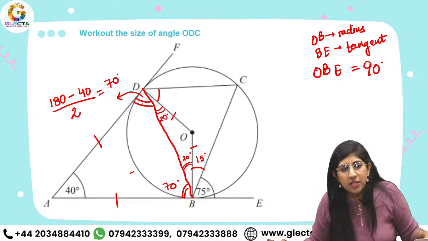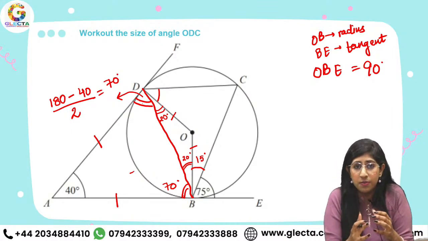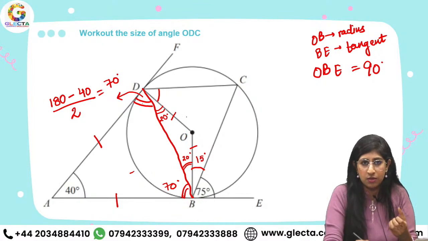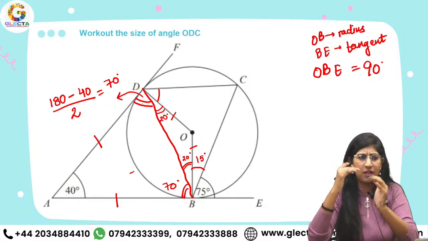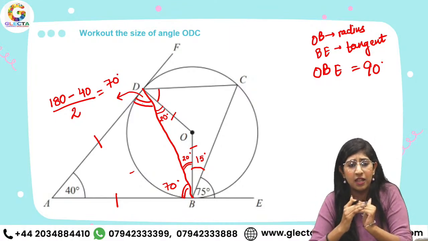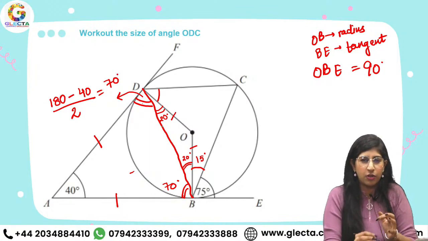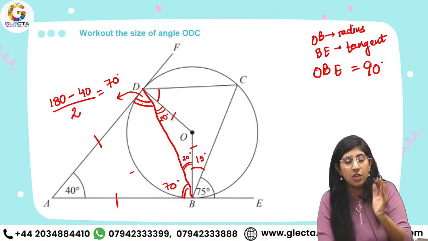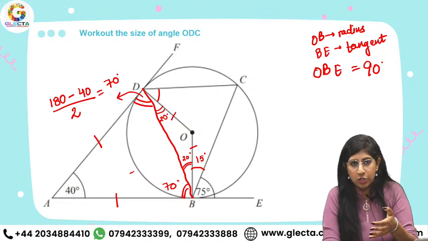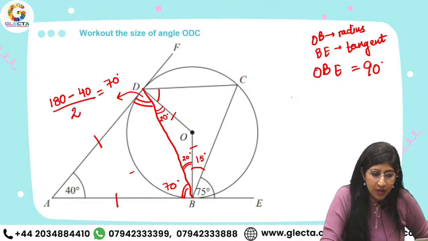There are various ways of attempting this question, various theorems that can be used. I can use that the angle at the center is double the angle at the circumference, or we can also use the alternate segment theorem. Alternate segment theorem is sometimes, I would say, difficult to visualize. So you would have to practice a lot of questions to be able to visualize it, right? If you want, you can directly say from here, OBE.